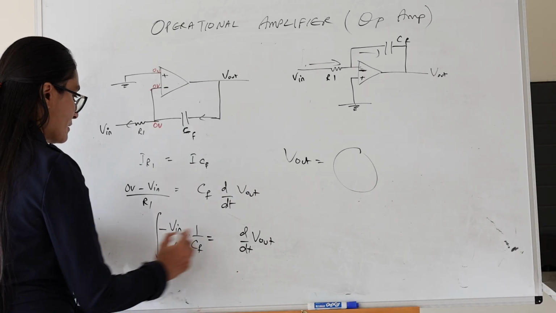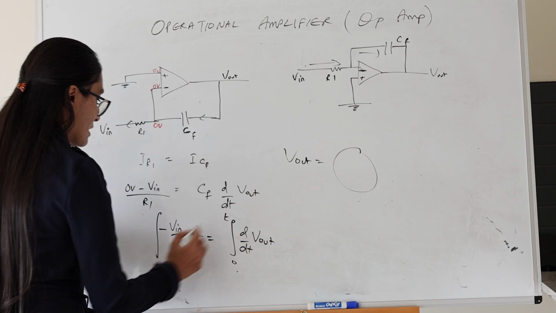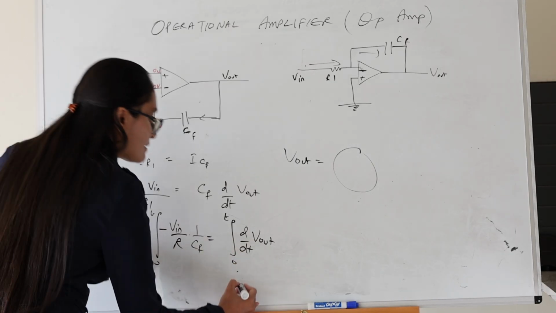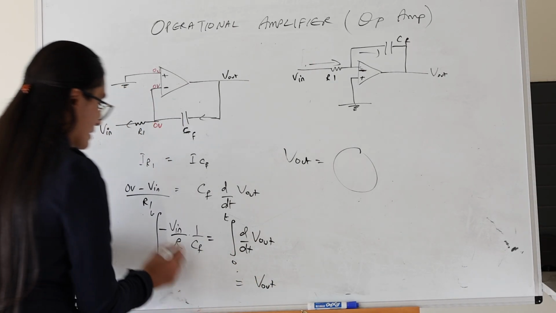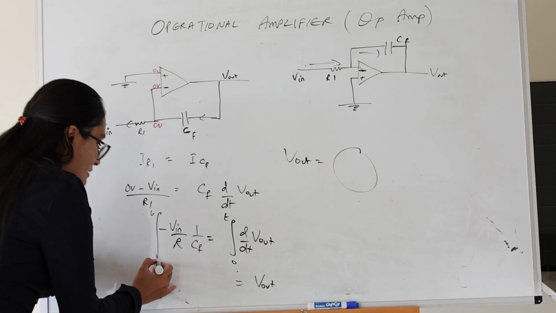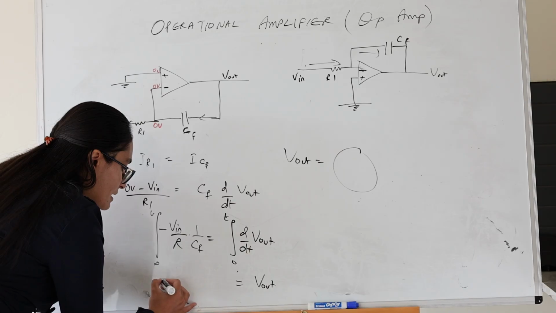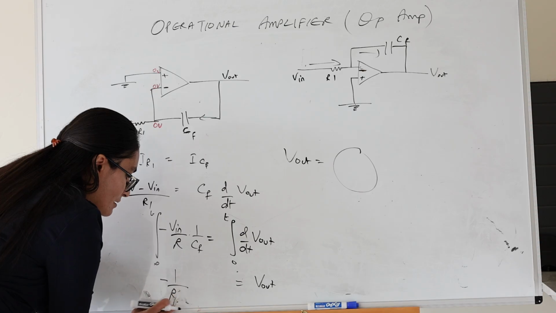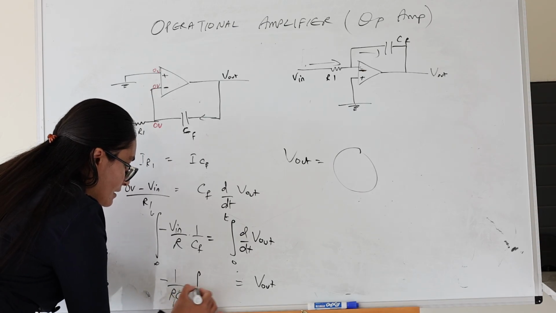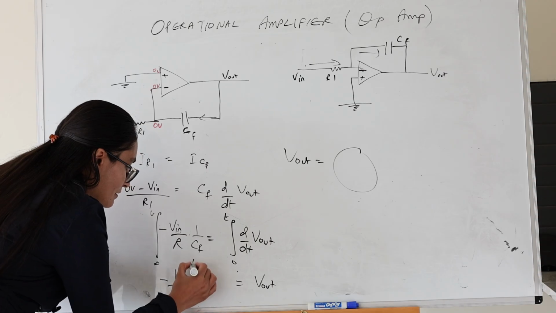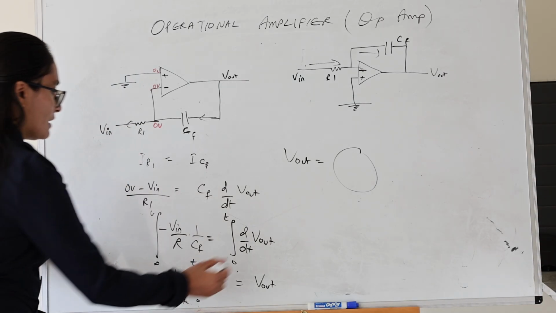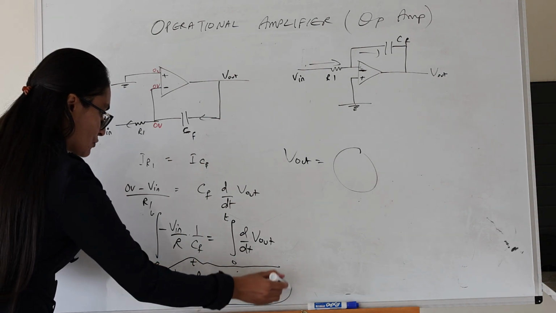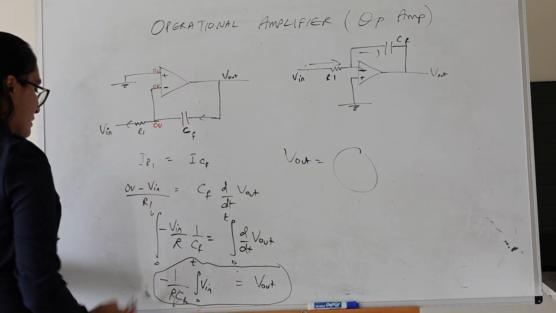If I take the integral on both sides with respect to time, on this side the differential and integral cancel and we have V out. Now on this side, we're going to solve this. R1 and CF are constant, so I'll take those out of the integral: V out equals minus 1 over R1 times CF, times the integral of V in from 0 to t. So this is the output from an integral op-amp.